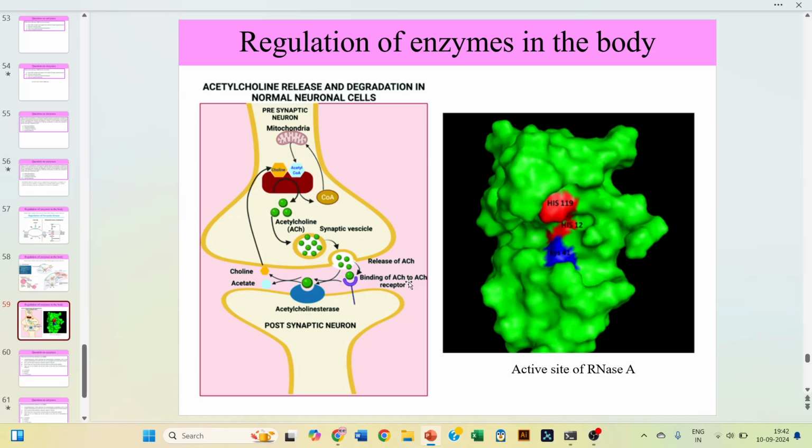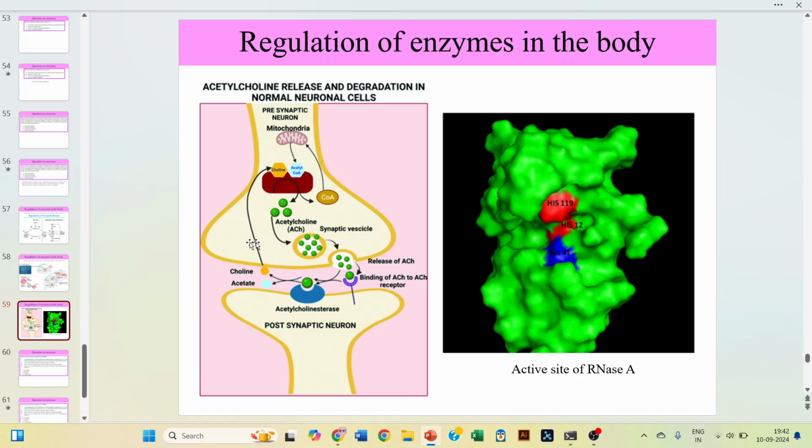Now we will go to another enzyme, which is acetylcholine esterase. So acetylcholine esterase is an enzyme which acts on acetylcholine and forms acetate and choline molecules. Now this choline goes again, and acetyl coenzyme A comes and then together they give rise to acetylcholine, and this is involved in the synaptic vesicle signal transmission.